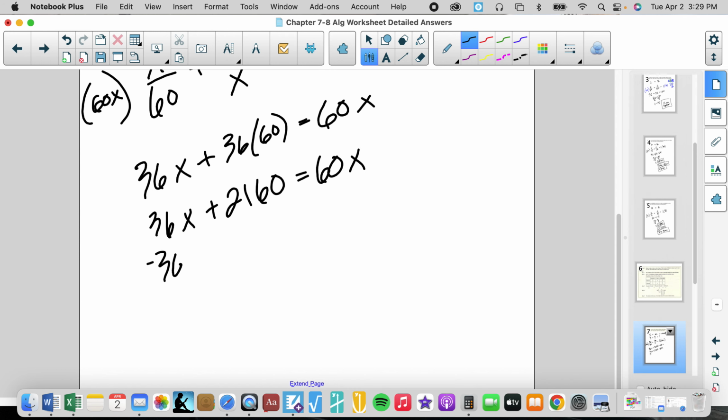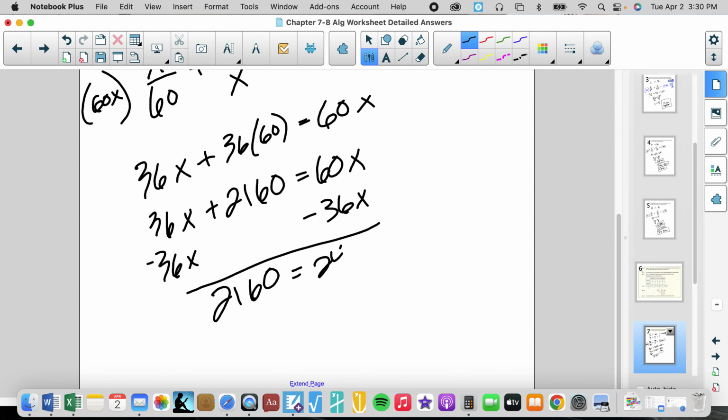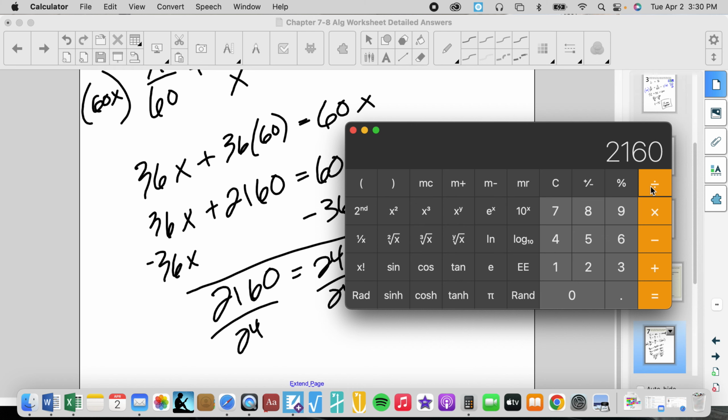Let's minus 36x, minus 36x. 2160 equals 24x, divided by 24, divided by 24.